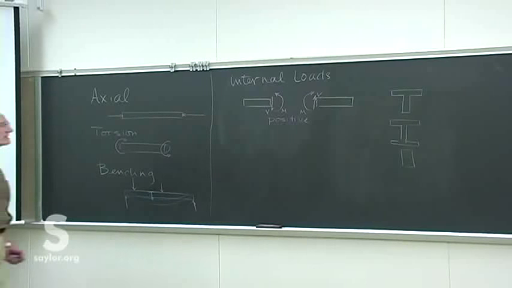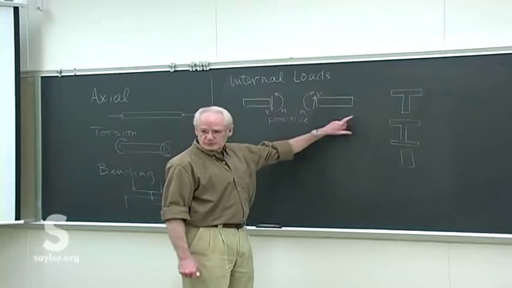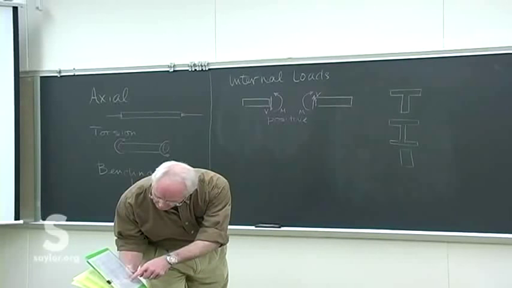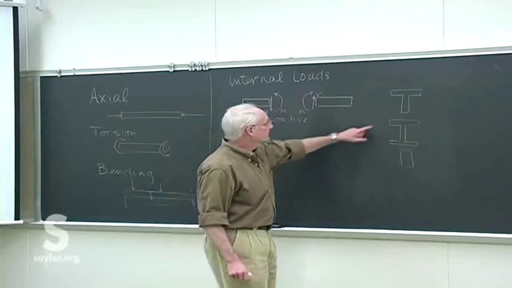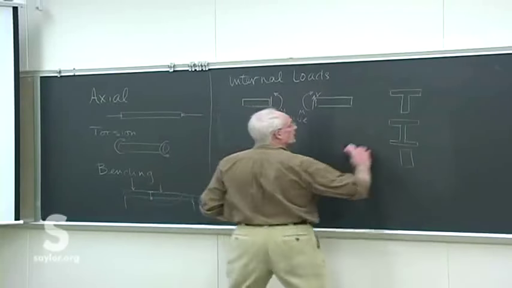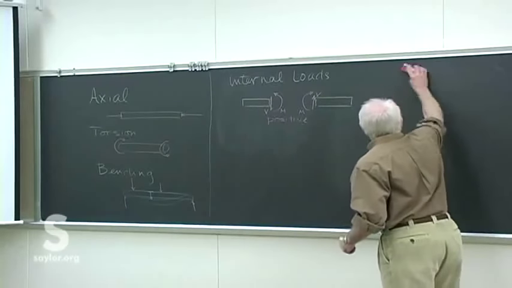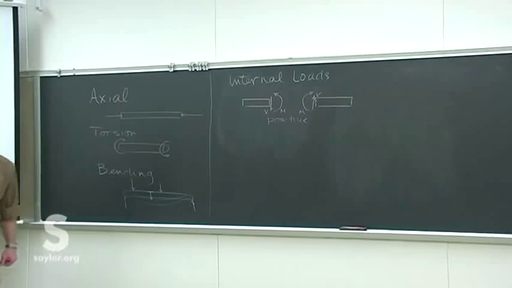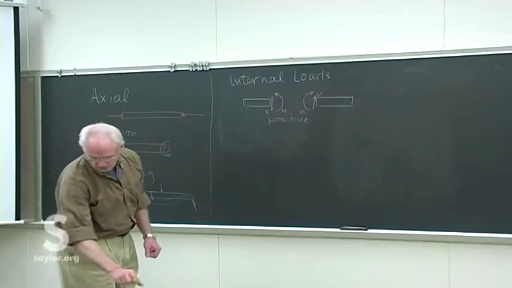So in a few weeks, probably right after break, we're going to be looking at what the cross sections are and what those mean and why I-beams and H-beams and box beams and other kinds of cross-sectional shapes are so useful and important to us.